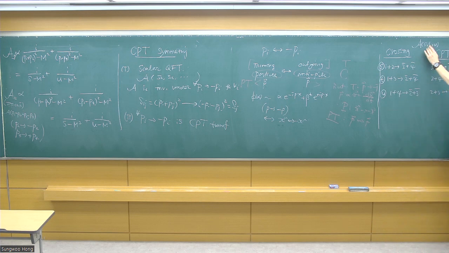So a single function, crossing allows you to take care of this. If you further have CPT, which also takes care of these 3 extra, then combining crossing and CPT, a single function manages to describe 6 different quantities by looking at different regions. This corresponds to the different actual regions: here s, here t, here u.